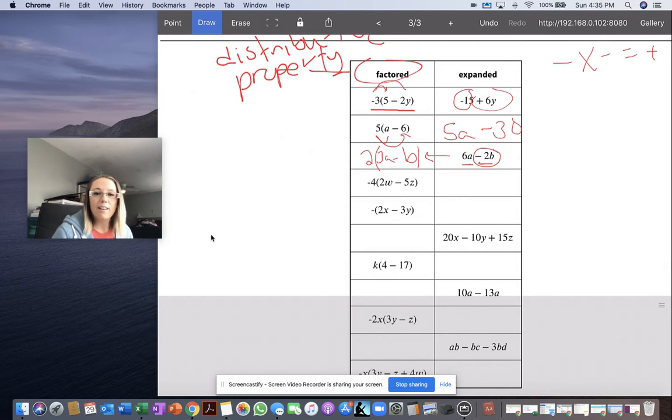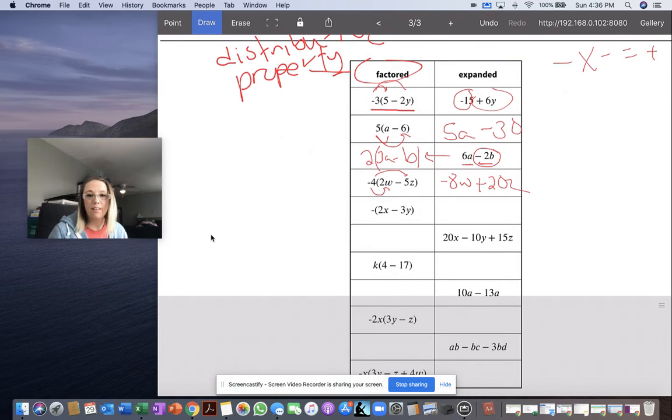The next one, negative 4 times 2w minus 5z. You guys know how to do this. You're just going to expand or use the distributive property. So negative 4 times 2w is negative 8w. Here again, you have two negatives, so negative 4 times negative 5 actually equals plus 20. You got to add your variable z.